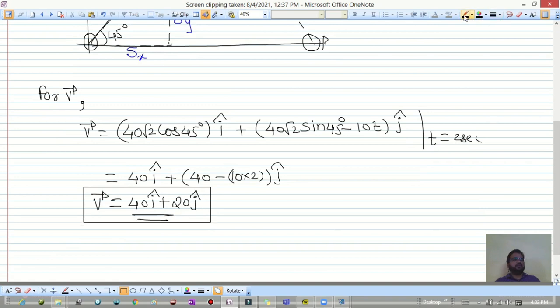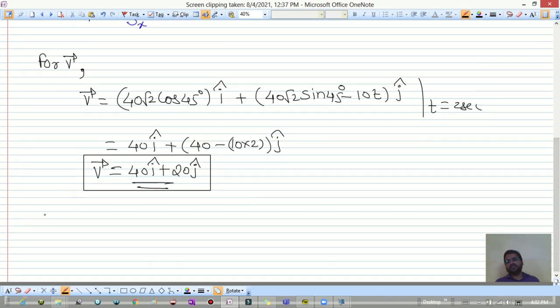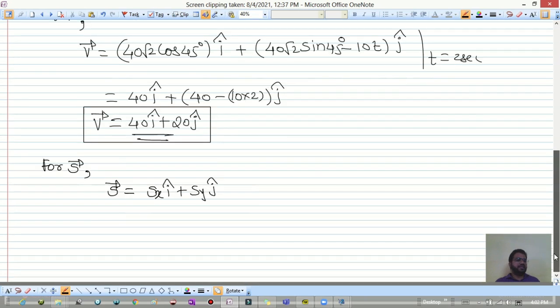Likewise, we can calculate the displacement vector. For displacement vector s bar, we have displacement along x-axis plus displacement along y-axis in j hat. What is the displacement along x-axis? It is u cos theta into time t, because there is no acceleration along horizontal, so no need to write half at squared.